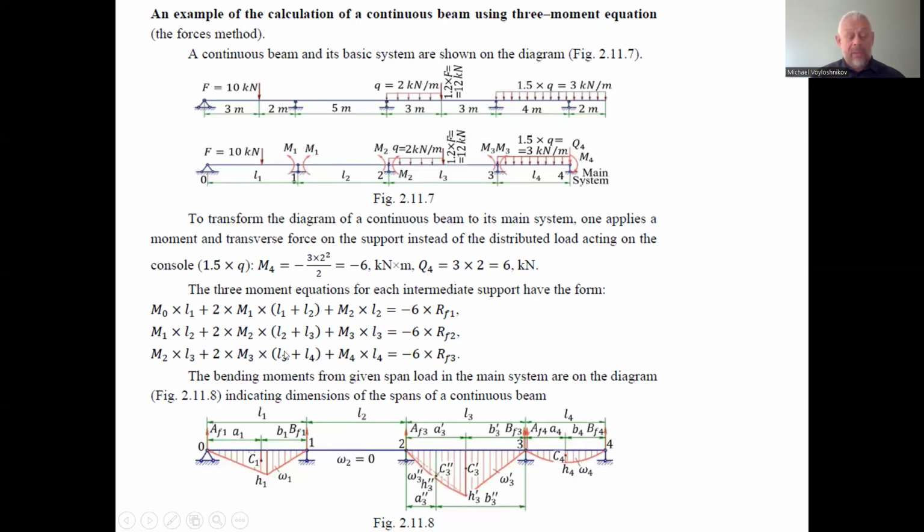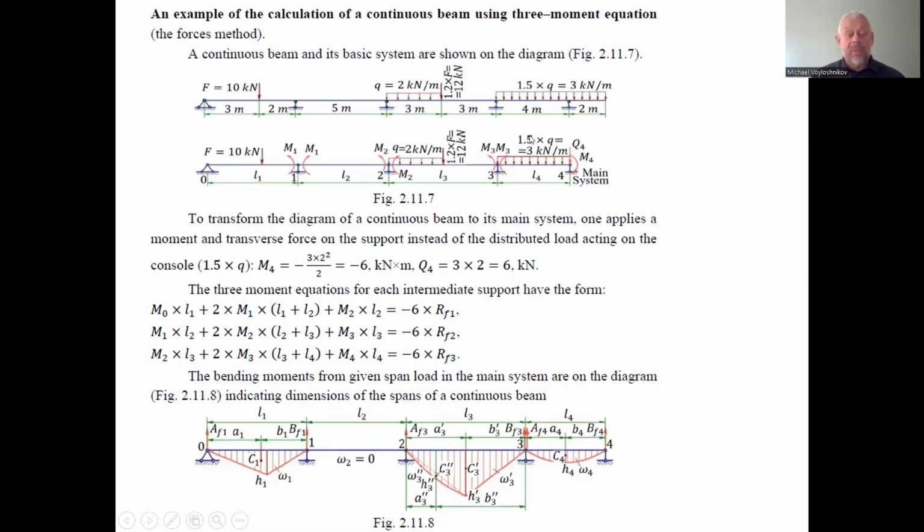And this is for the first one. For the second one, we have the same, considering the adjacent two lengths of the left and the right spans of the main system. It differs from the assigned system in the supporting links. Here we have 3 intermediate supporting links, besides the 2 supporting links at the ends.